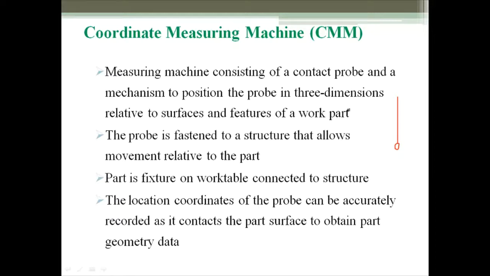This probe can move relative to a surface in three dimensions.